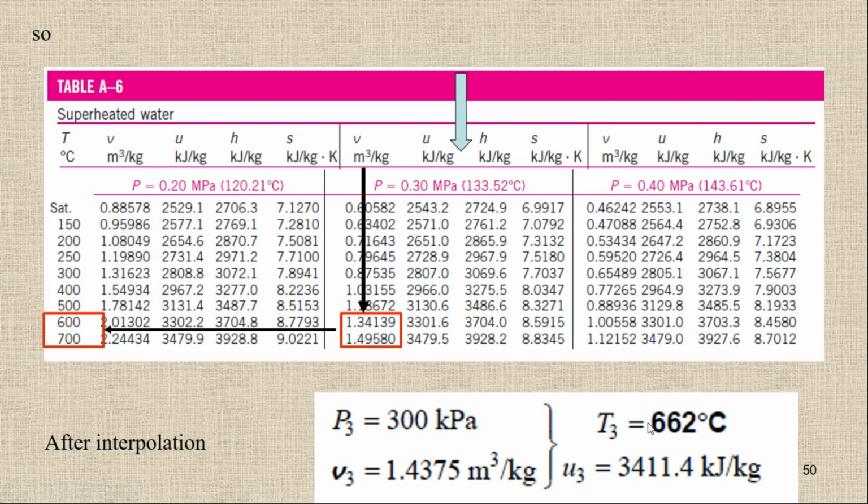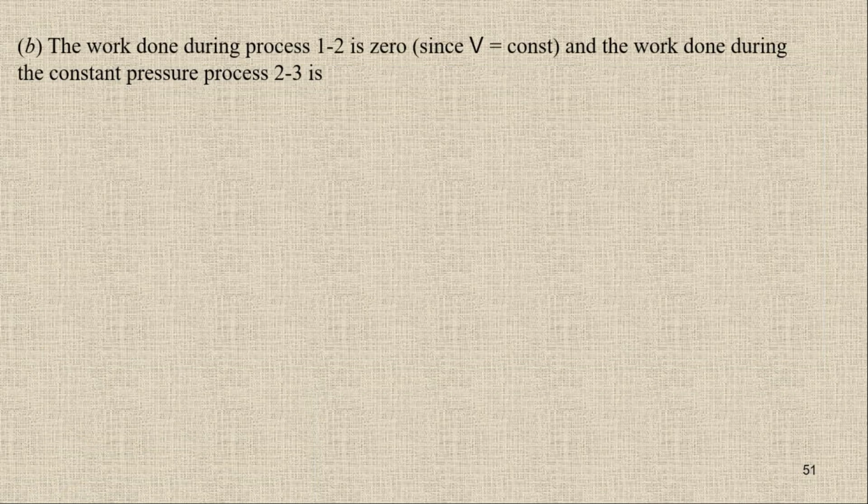Now in part B, you have to find the work done. For process 1 to 2, the work done is 0 because it is a constant volume process, and for a constant volume process, we don't have any work.